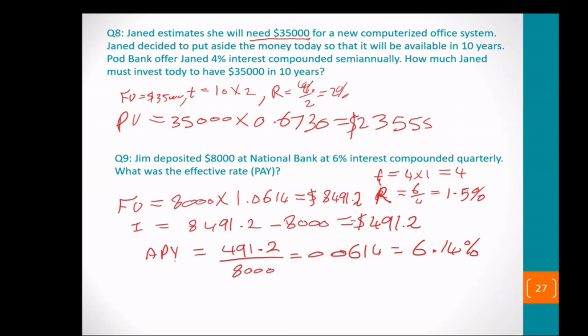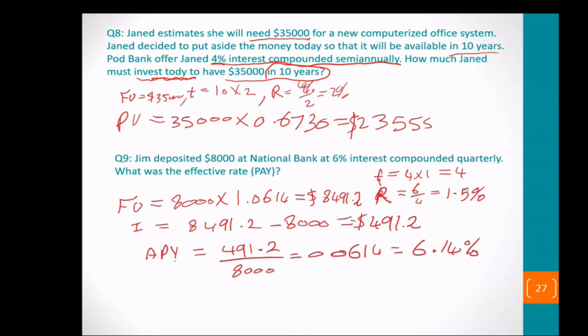Jane decides to put aside the money today so that it will be available in 10 years. The bank offers Jane 4% interest compounded semi-annually. How much must Jane invest today? How much to invest today to have 35,000 in 10 years?